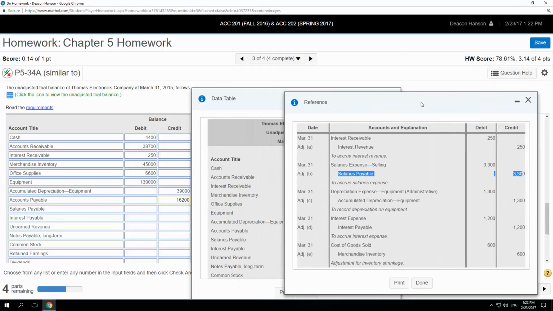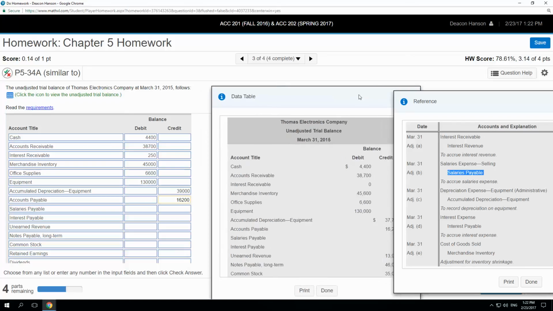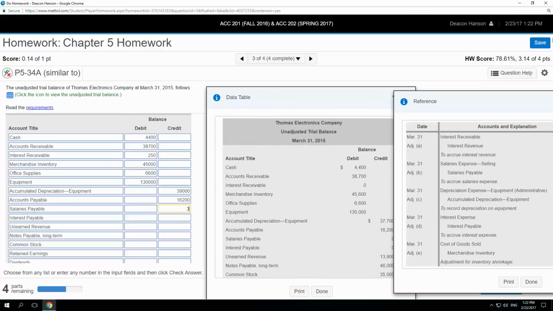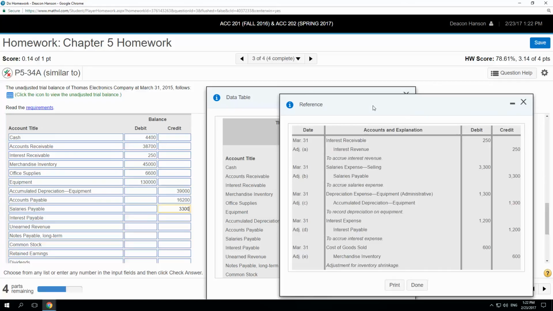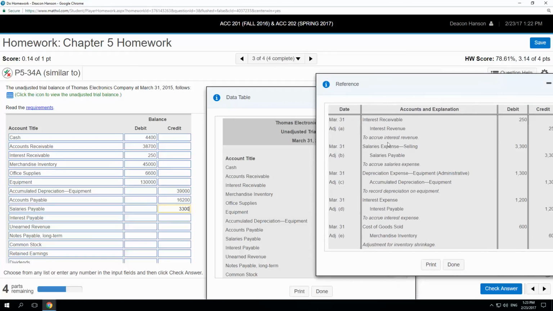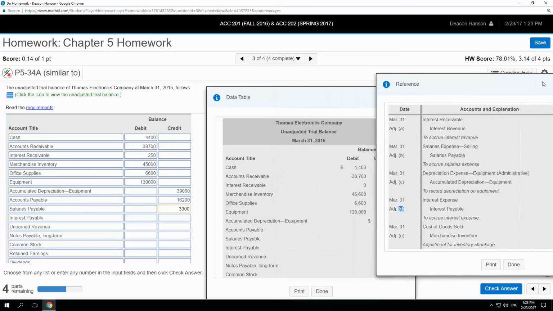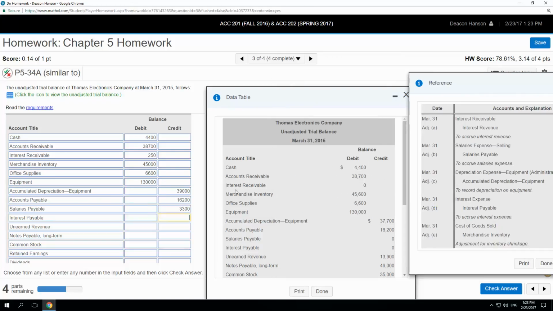Salaries payable had 0, so we're just adding 3,300 to it. What about interest payable? It starts with 0. We had item D, a $1,200 credit to interest payable, so that's the new balance, 1,200.